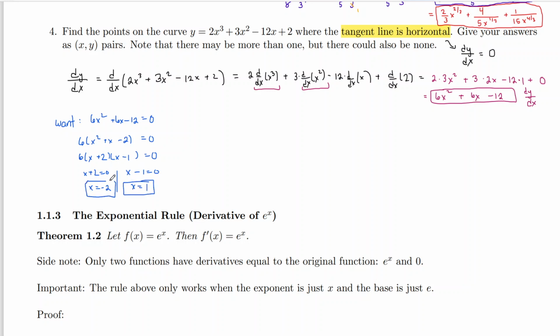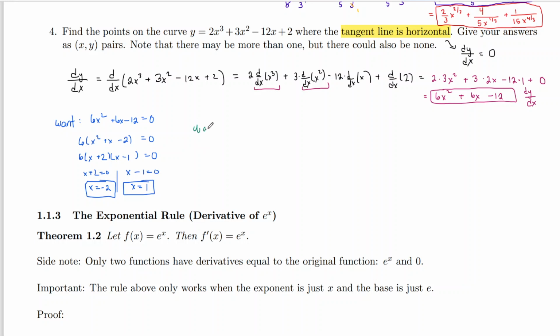All right, so what we just figured out are the x values where the tangent line is horizontal. We still need the y values because you want to give your answer as an xy pair. Now, how do you get the y value? You don't plug it into the derivative because we want the point on the graph.